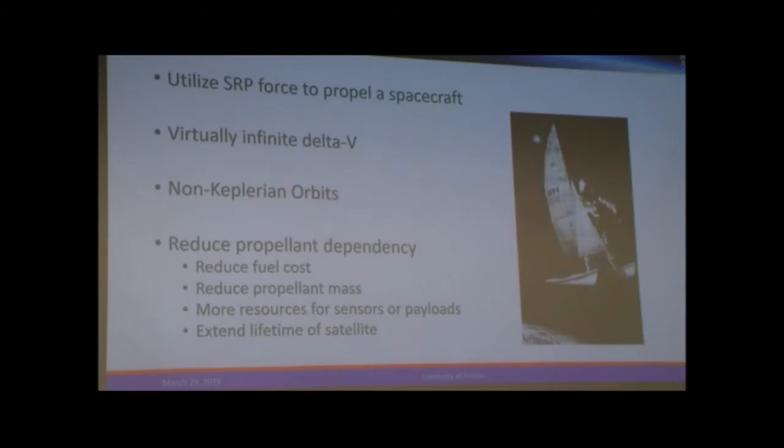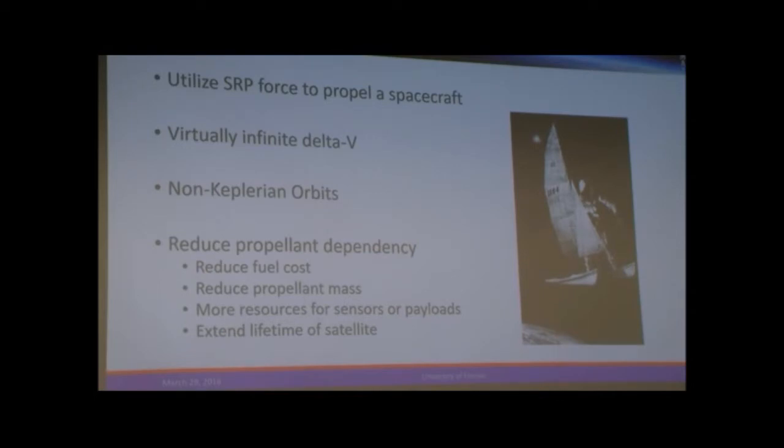But over time, with infinite delta V, we can start playing with some non-Keplerian orbits. If you think about your standard orbit around a planet or even the sun, you can stack orbits on top of your standard Keplerian orbits. So instead of having the sun at the center of your orbit, it'll be at the center plus or minus a couple thousand kilometers, which is pretty unique.